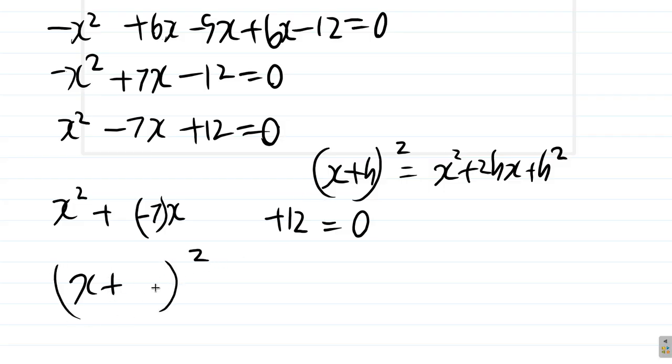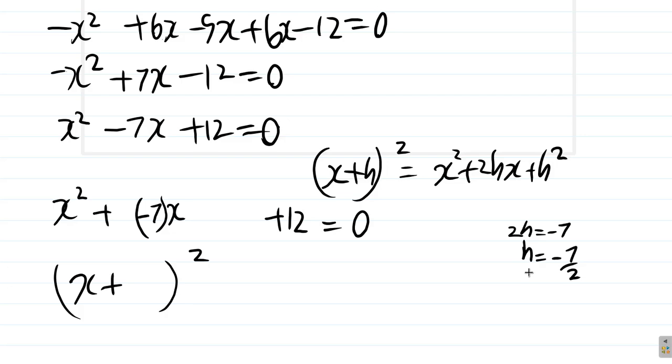But that something is h. Now, looking at this, looking at the pattern, we have 2h times x. And we have -7 times x. What that means is 2h is equal to -7. So what is h? H is equal to -7 over 2. That is h.